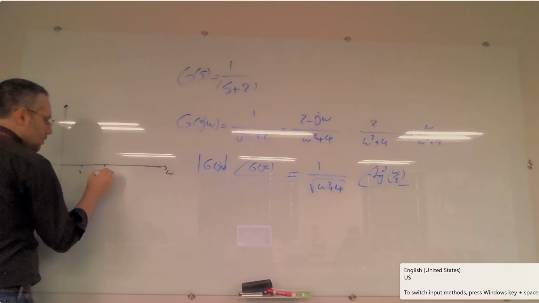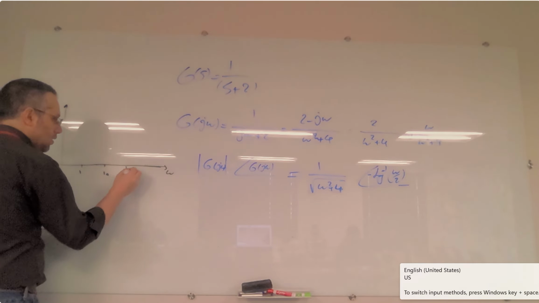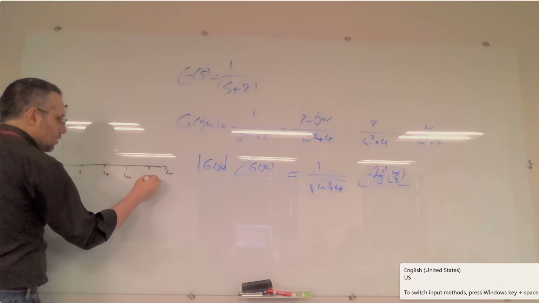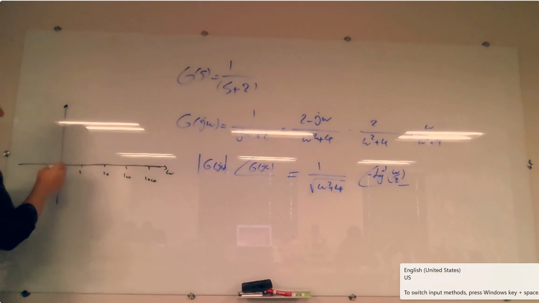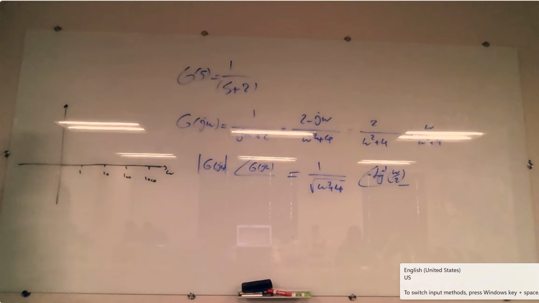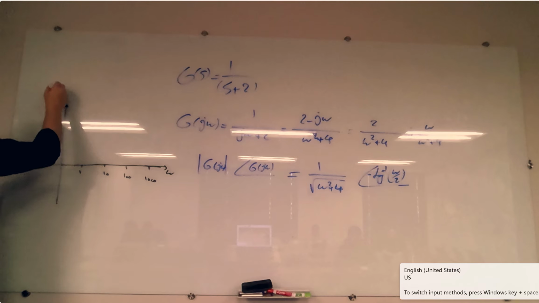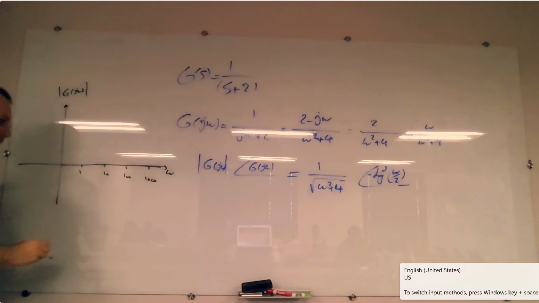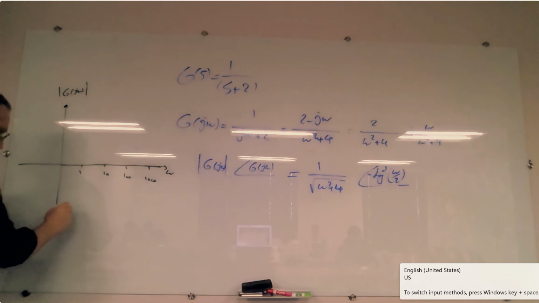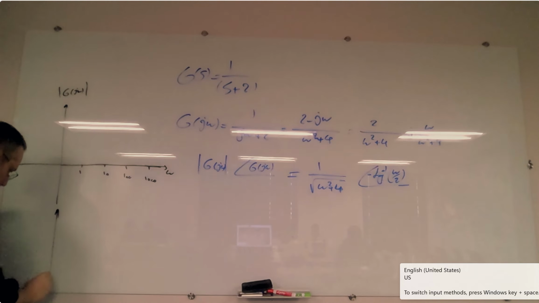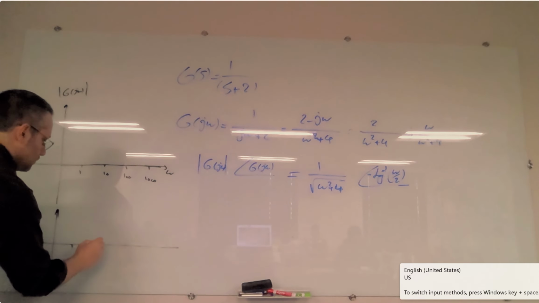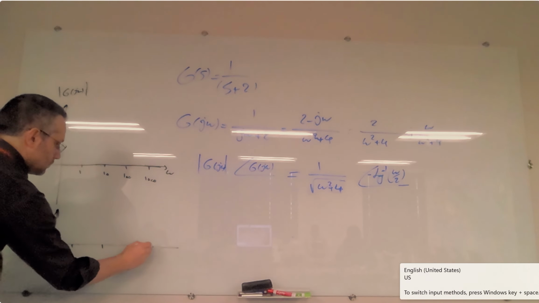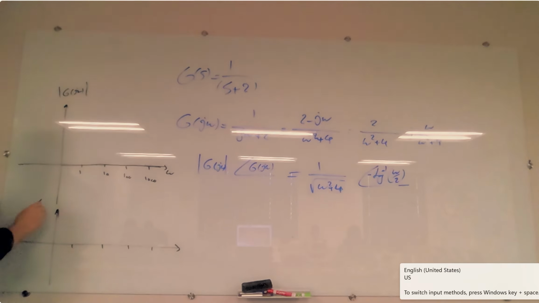This is 1, 10, 100, and 1000 goes on. I want to use that for the magnitude, and then a separate one for the phase.